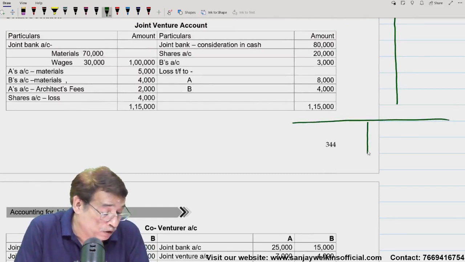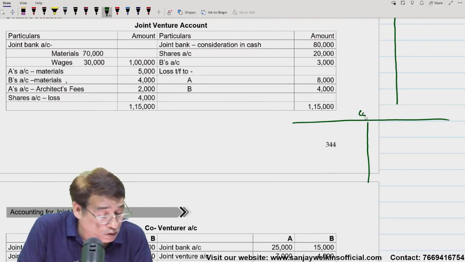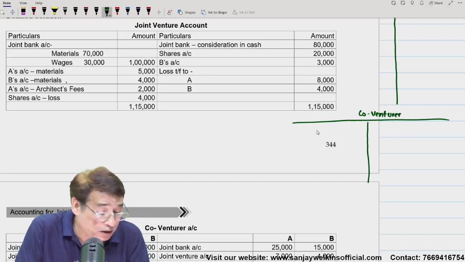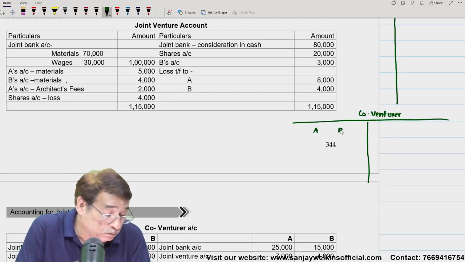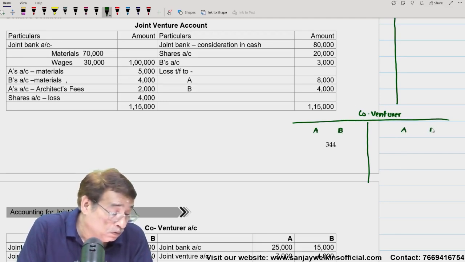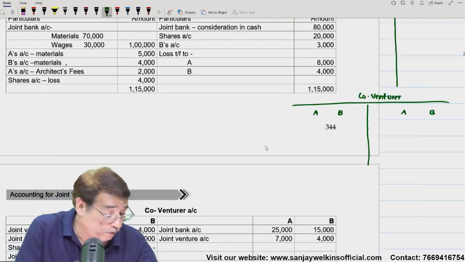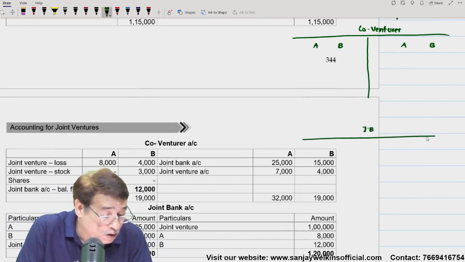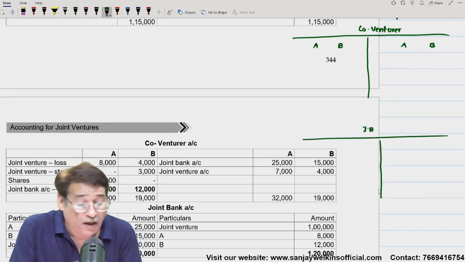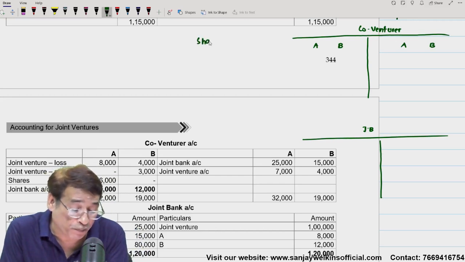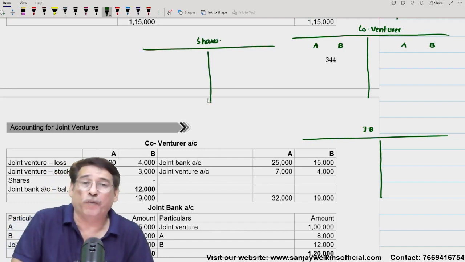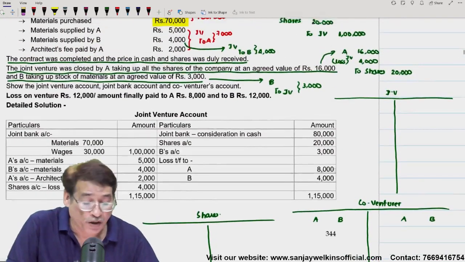This is our co-venturer account, and there are A and B. And then we will prepare the joint bank account also. This is our joint bank account. And in this case, I will have to prepare the shares account also. Is it clear to you?